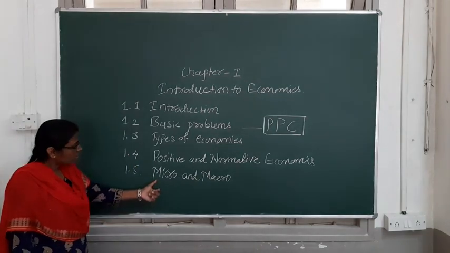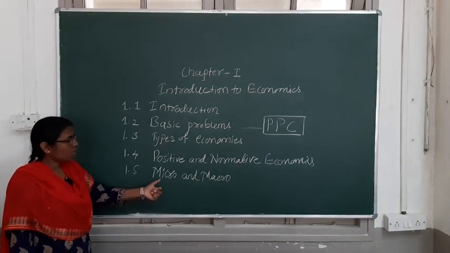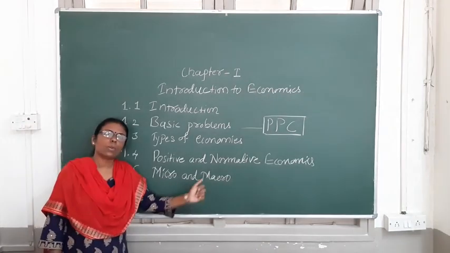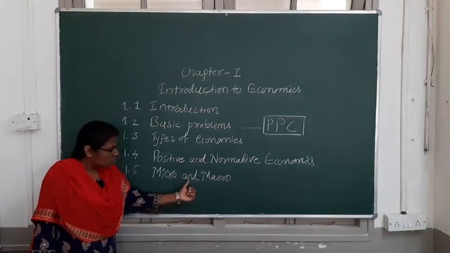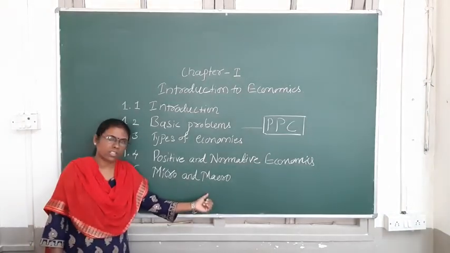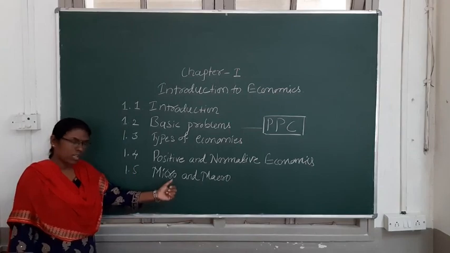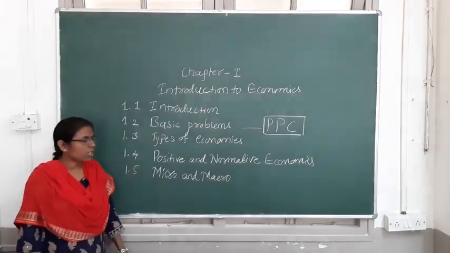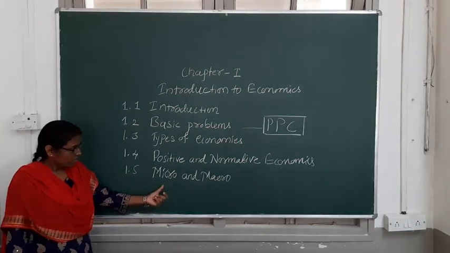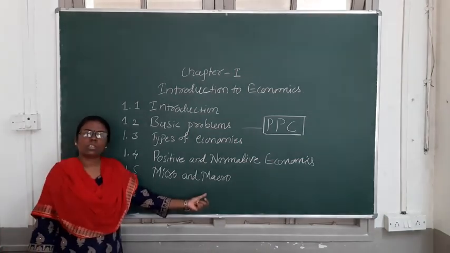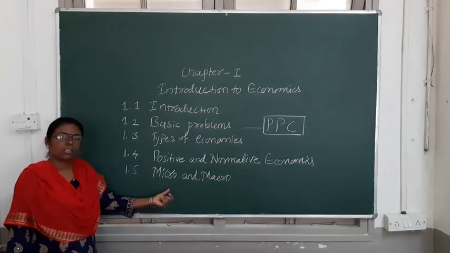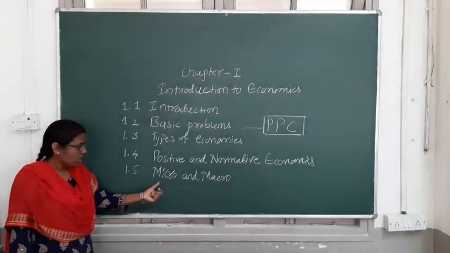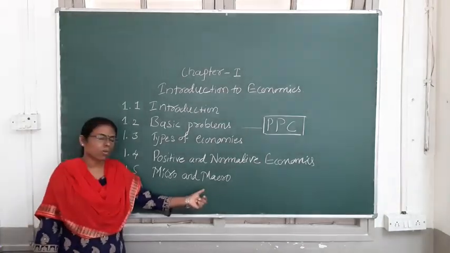And come to the next very interesting point, micro and macro economics, and these two terms are also discussed. Just try to know once again what is micro and macro economics. Yes friends, micro and macro, these two terms are derived from two Greek words, micros and macros.